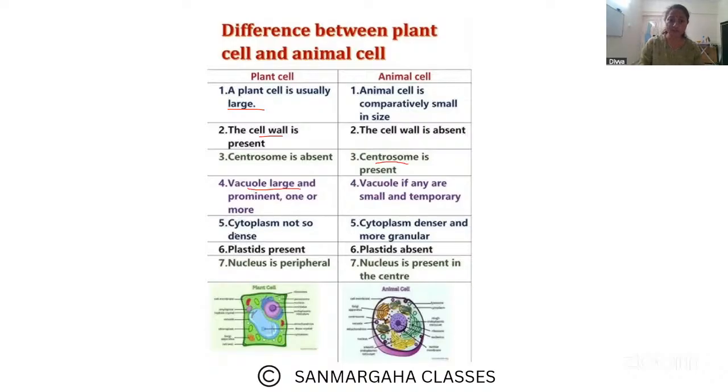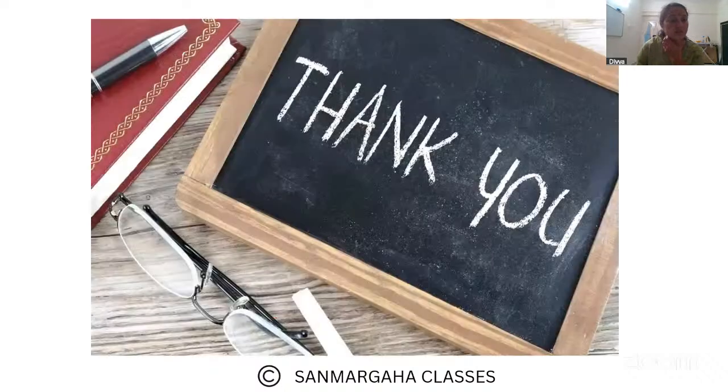Cytoplasm is not so dense in the plant cell, but in the animal cell it is denser with more granules present in it. Nucleus is at the center in the animal cell, whereas in the plant cell it is at the periphery. Okay, so this is all about the cell structure and function.